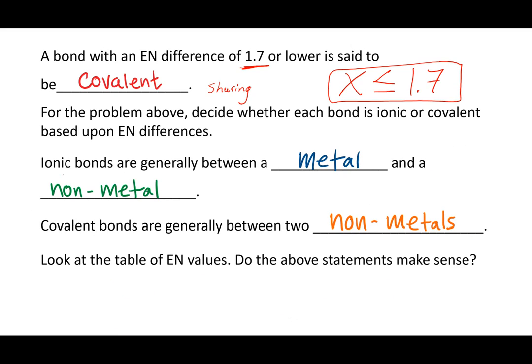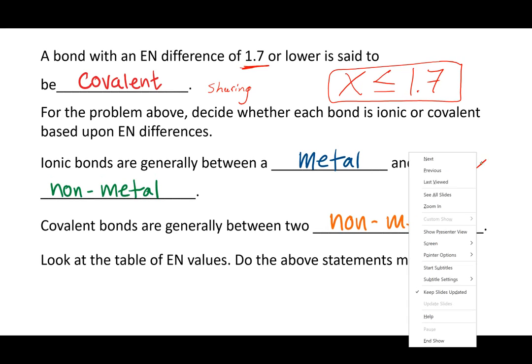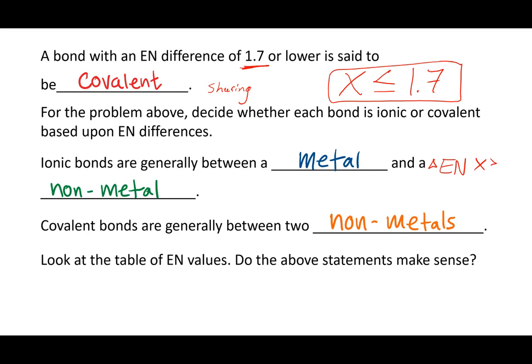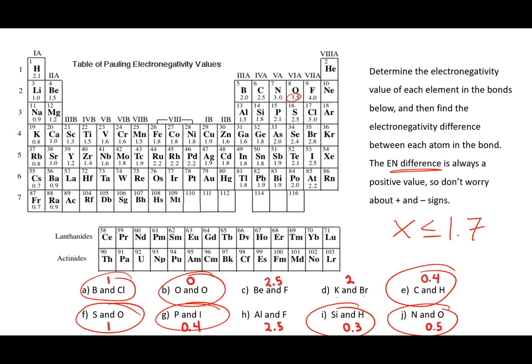And ionic bonds, on the flip side, are generally between metals and nonmetals. So that would be an electronegativity difference where X is greater than 1.7. So that would include this one, and this one.